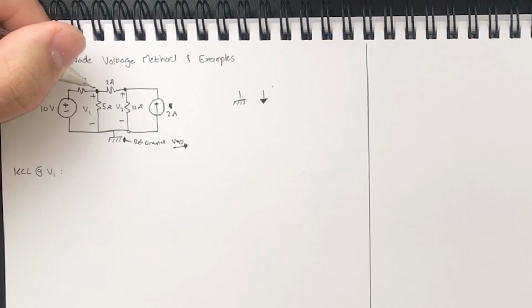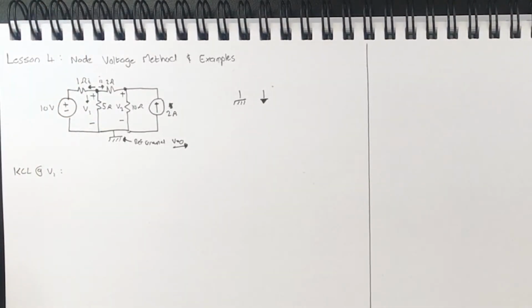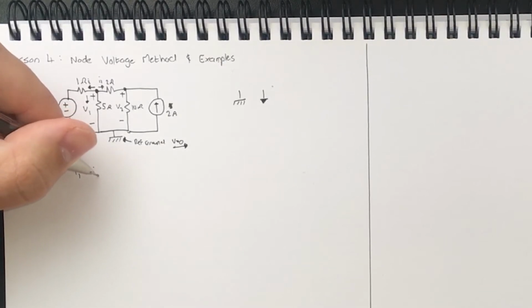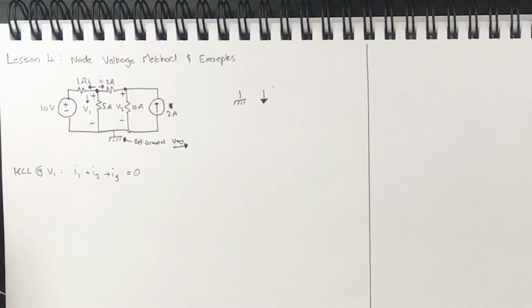Well, we always define with node voltage all the currents leaving the node. This is just standard practice. So we have I1 plus I2 plus I3 is equal to 0.